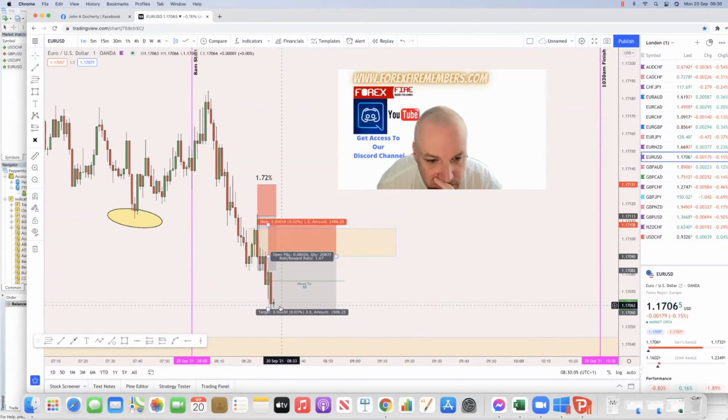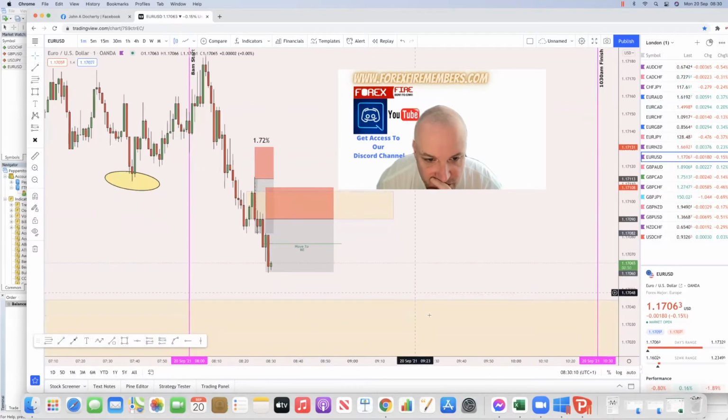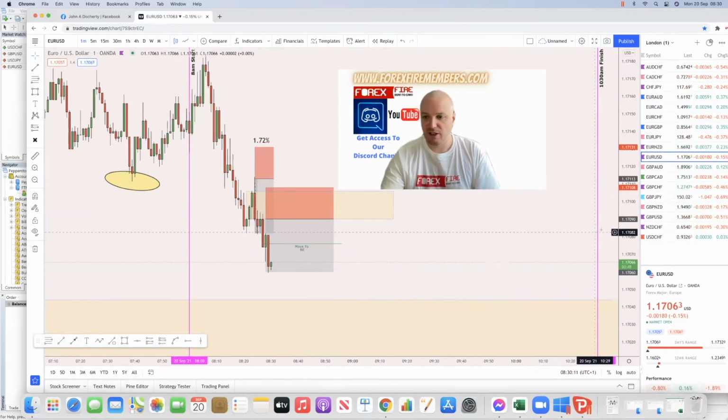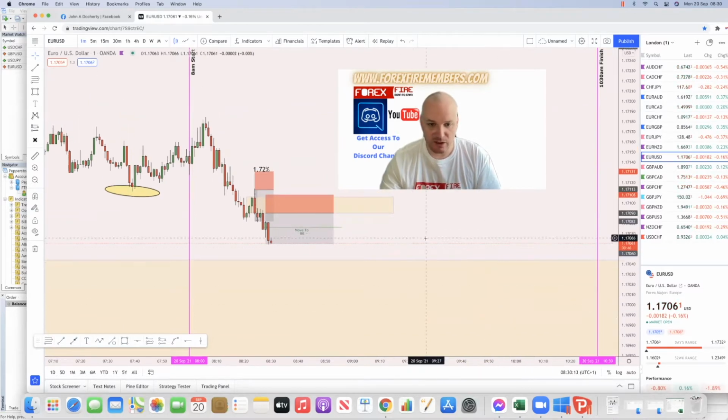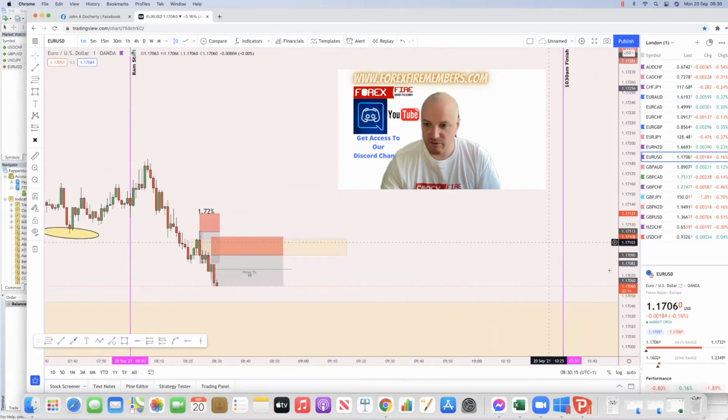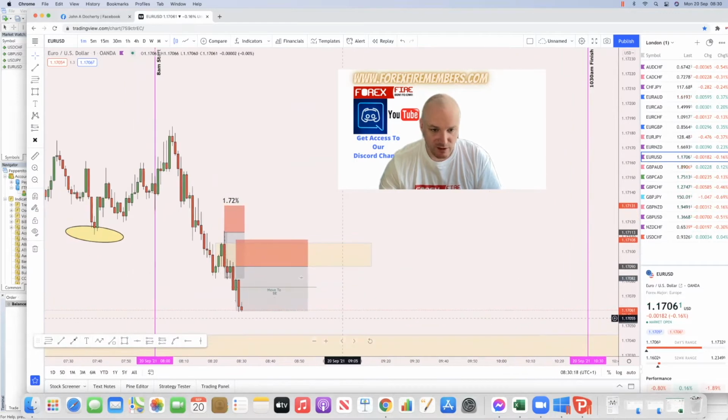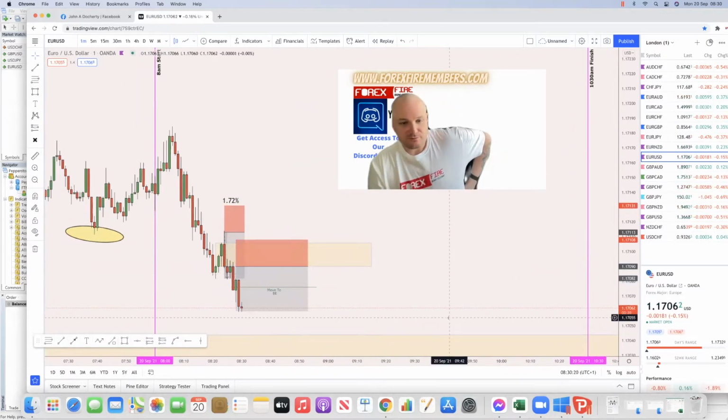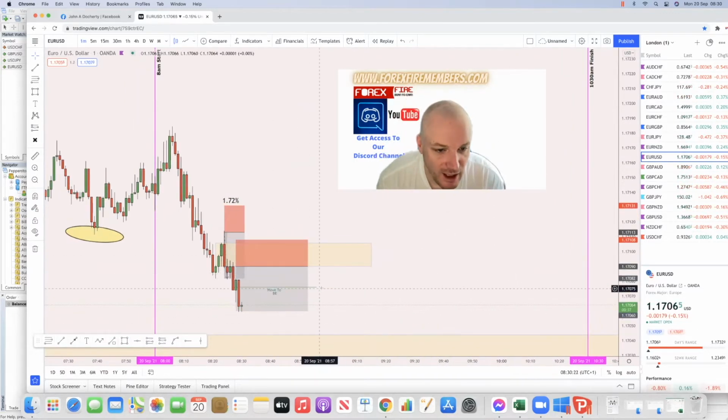Yeah. It looks as if the bias is going to be correct for the idea. It's going to certainly be heading down towards these two other blocks, you know. But let's see, we'll get that. We need that slight reversal to bring us up into the area of entry.